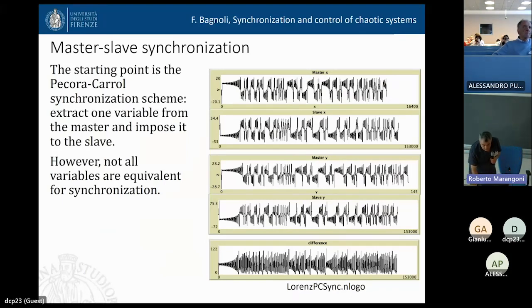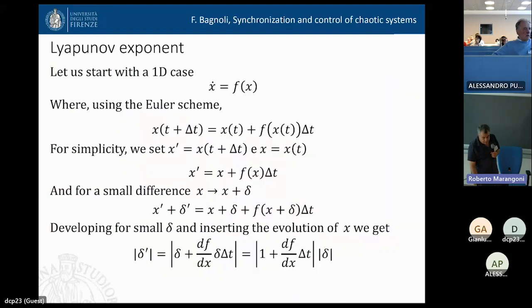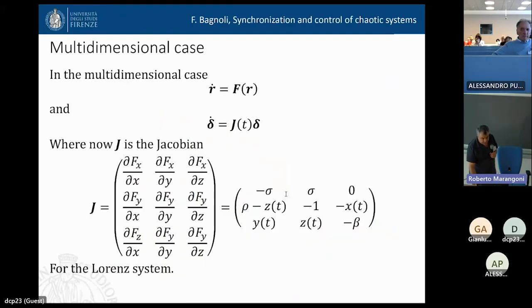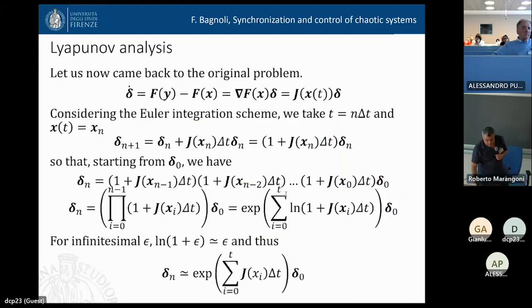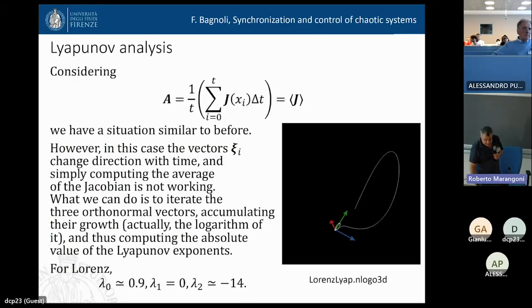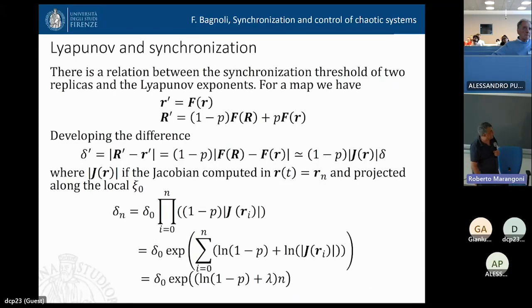And actually, there is a possibility, essentially, but I skip all this because you know a lot of this. And so the idea is that Lyapunov exponents and the synchronization strength, in some sense, are related. When you measure the Lyapunov exponent, you perform a small perturbation and you look at how this perturbation expands.